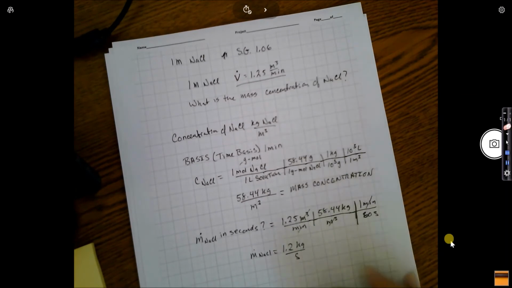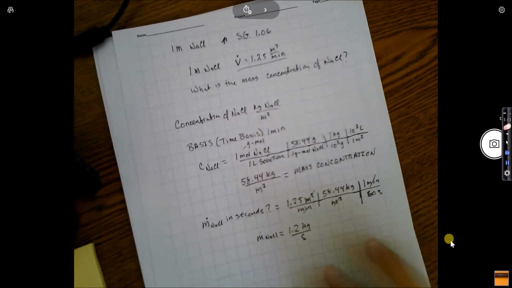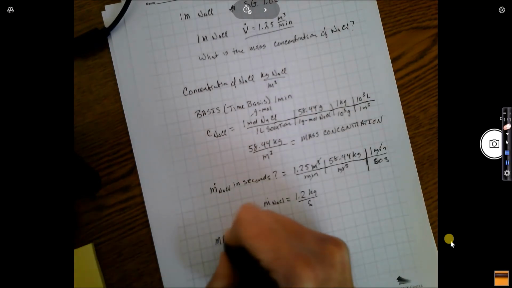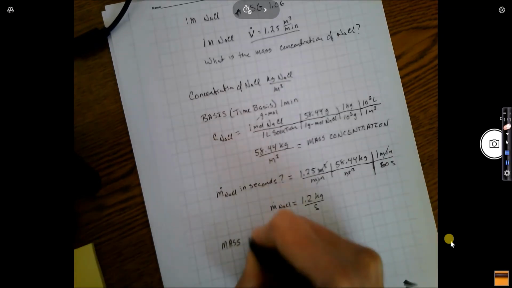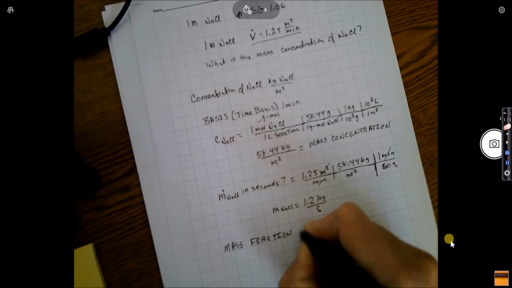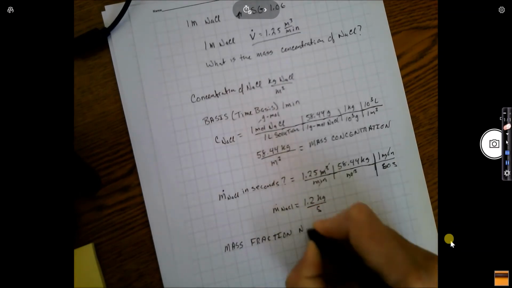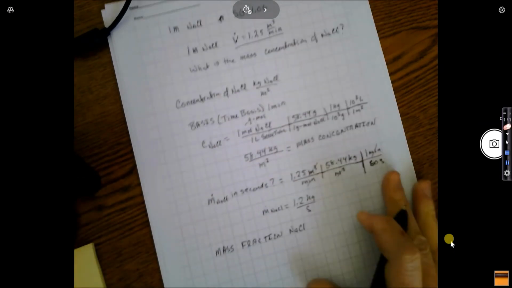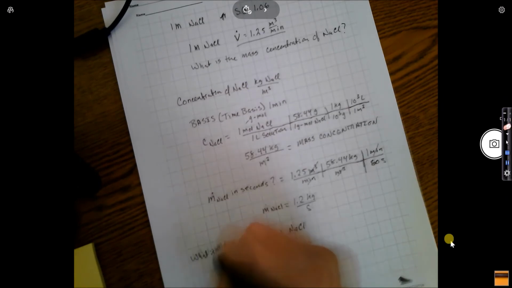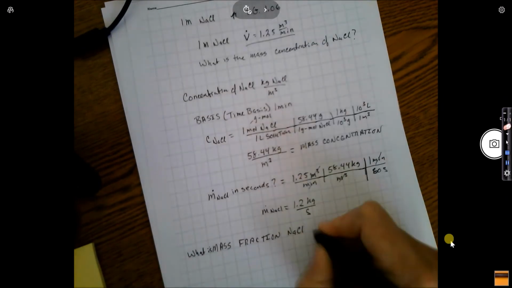Now, to tie everything together with other concepts we've talked about today, why don't we talk about the mass fraction of sodium chloride in our solution? So what's the mass fraction? Let me write it.